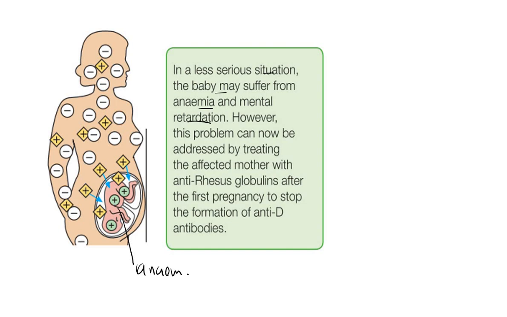Anemia means a lack of red blood cells, or erythrocytes, because the antibody already destroyed the red blood cells. So this baby can suffer from anemia, lack of RBC, and also mental retardation. Mental retardation means something occurs in the brain, affecting the IQ and the memory of the baby.